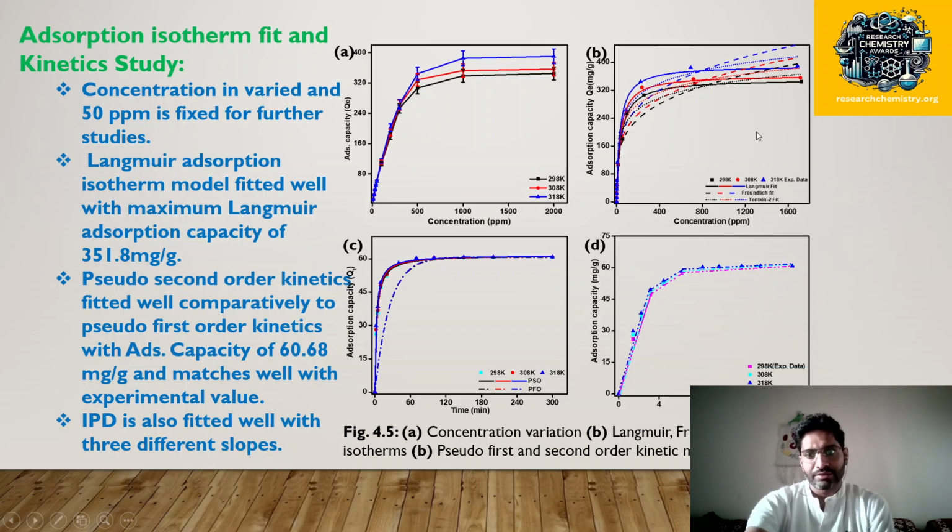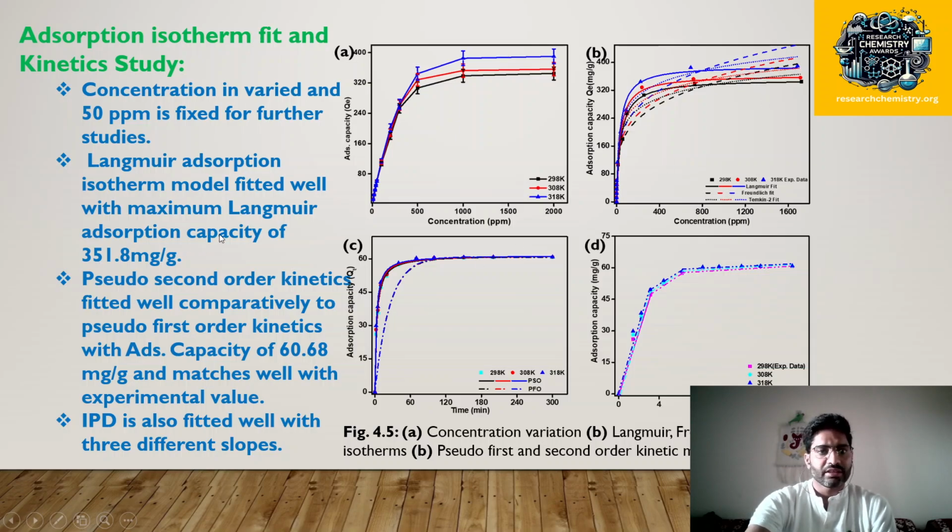We have also fitted the Freundlich and Temkin models, but their R square values were not satisfactory, whereas the R square value of the Langmuir model was approximately 0.996 for these three temperatures.